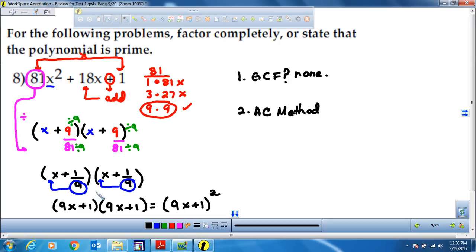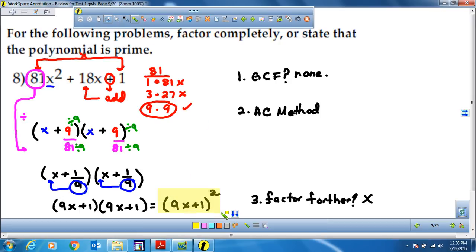You see that both of these factors are linear. Both of them have x. So can I factor further? Not really. It is understood that we cannot factor any further because we have x on both factors. There are no squares on these factors. They're both linear.